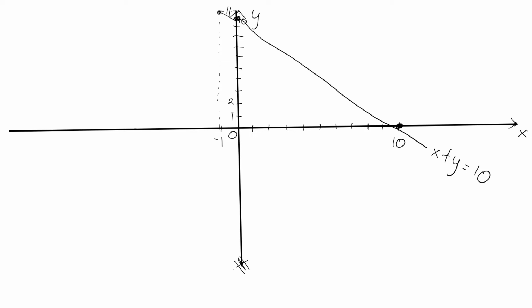For x minus y equals 4: x equals 0, and y minus 4, so 0 with minus 4. 1, 2, 3, 4, minus 4. And x equals 4, y is 0. 1, 2, 3, 4.